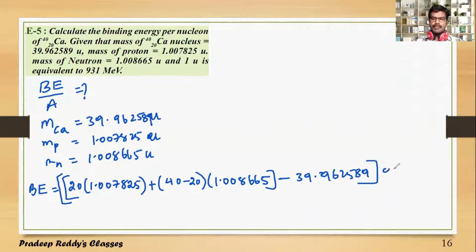The AMU can be written as 931.5 million electron volt. This gives you the binding energy.